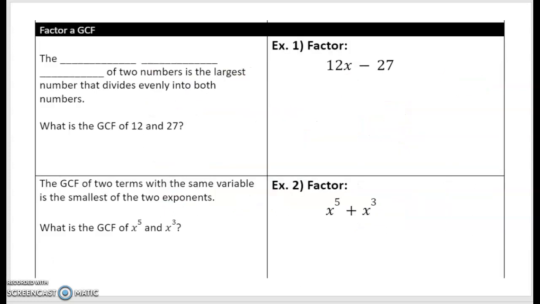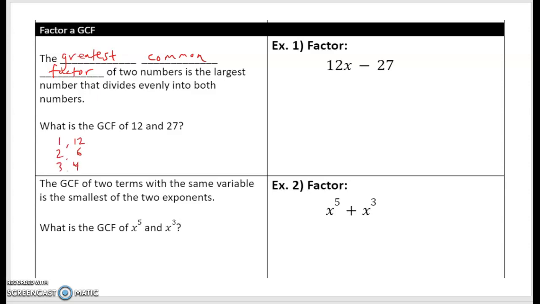All right. So the greatest common factor, which is what GCF stands for, of two numbers is the largest number that divides evenly into both numbers. So between 12 and 27, numbers that go into 12 are 1 and 12, 2 and 6, and 3 and 4.